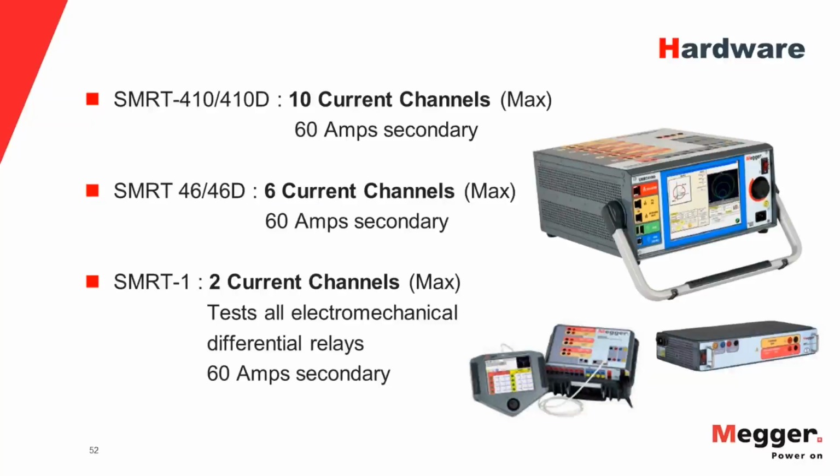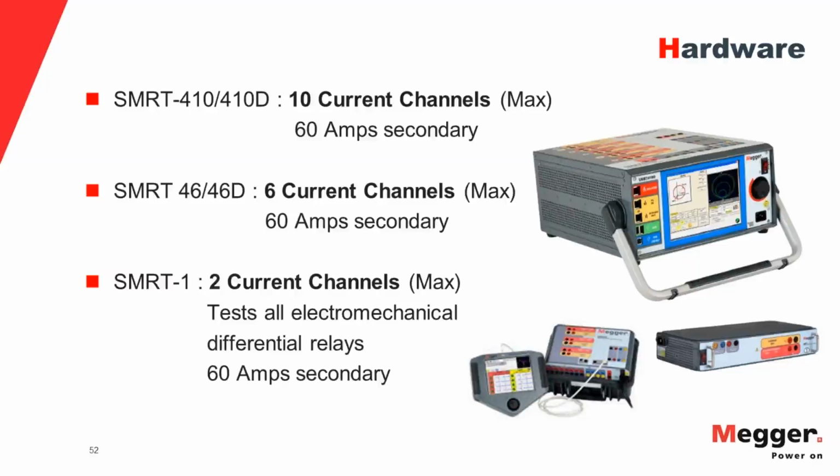SMRT 410 has a maximum of 10 current channels, and each channel is capable of giving 60 amps. A three-phase differential would require only 6 current channels, so a 46 or a 410 can be used to test a three-phase differential. SMRT 1 is our single-phase relay tester.